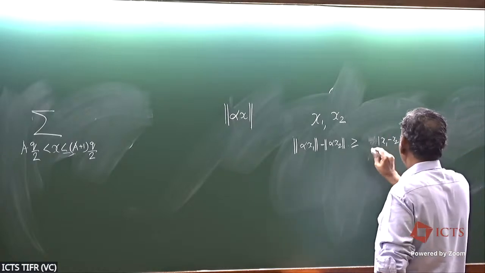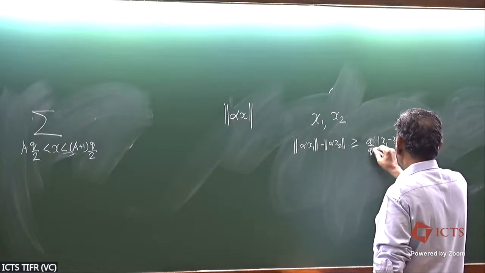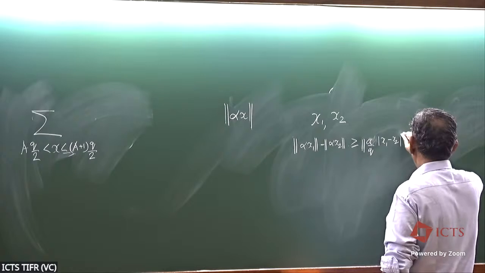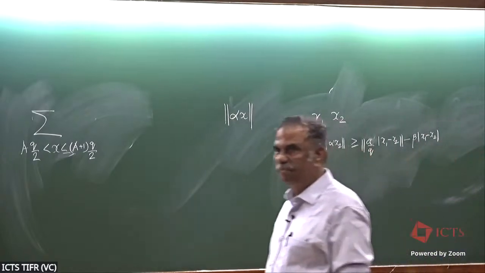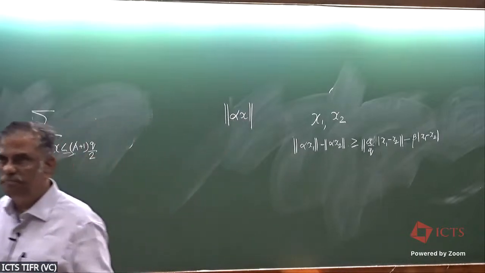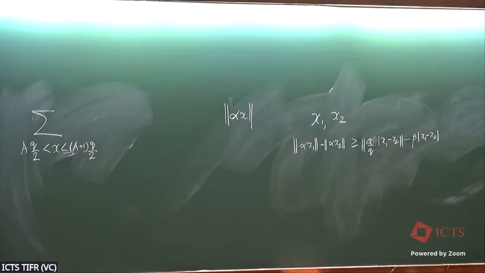Alpha is A over Q. Distance to the integer, of course, minus beta into x1 minus x2. Is it okay? I think the A over Q part is the one which will dominate. The other part is small. And therefore, I can only look at the A over Q part and then fine.